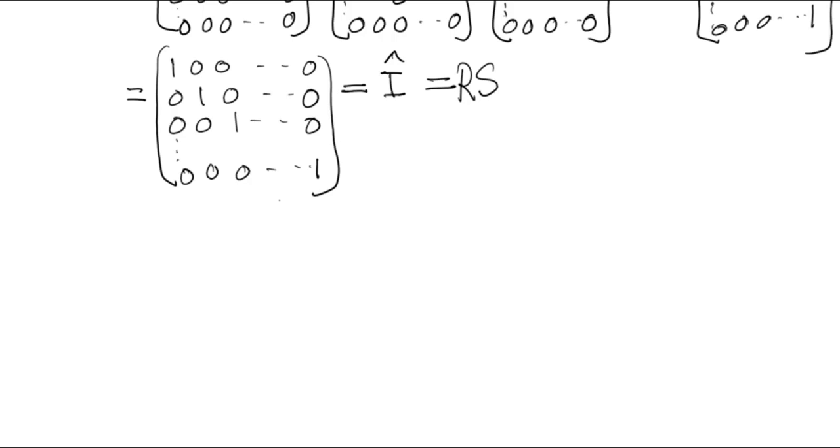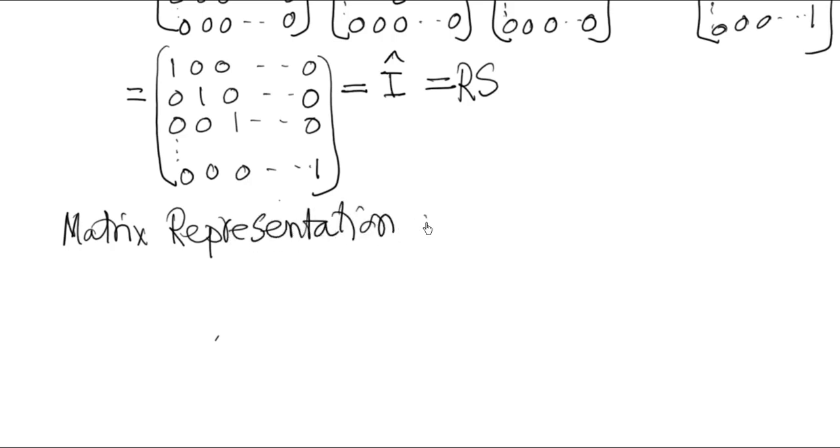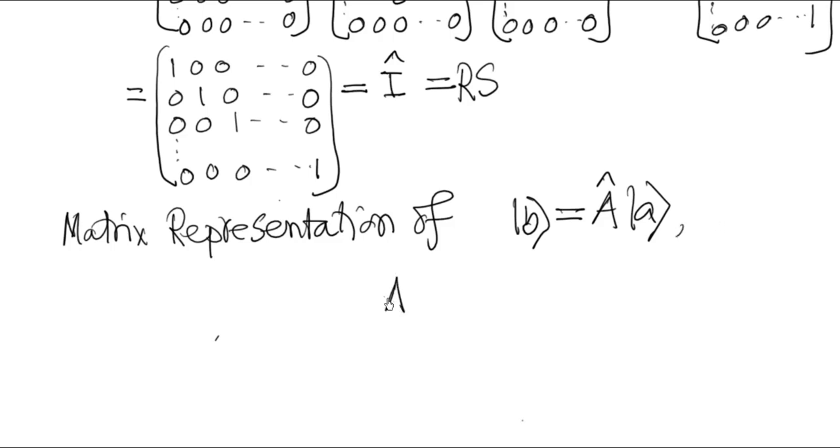Okay, next we consider the matrix representation of the equation ket b is equal to A ket a. You see where A is an operator.